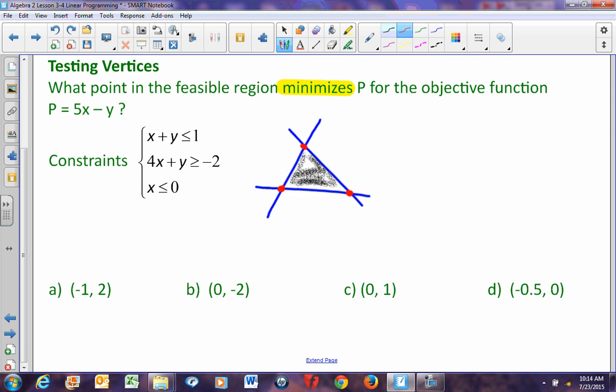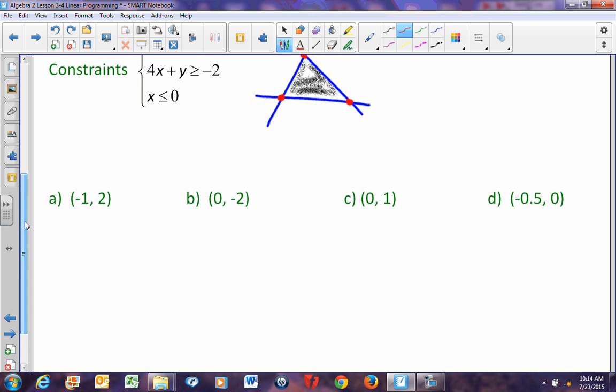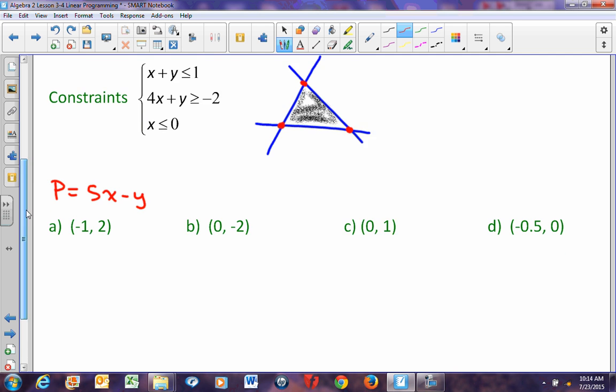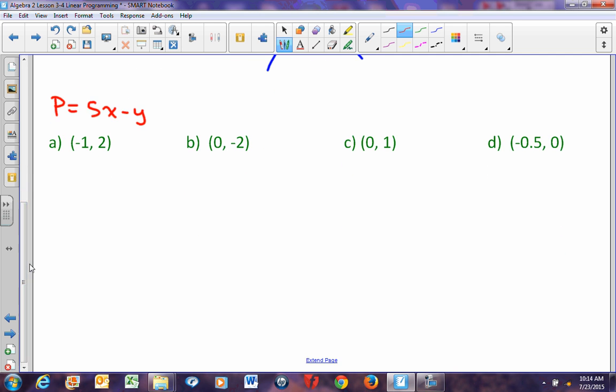Okay? So I've graphed all of these, and let's say that these are the 4 possible points that all these constraints went to. And remember, I want to just grab this equation really quickly. P equals 5x plus y. So we're seeing if these particular vertices, which one will give us the smallest value. So let's plug in negative 1, 2 into the objective function p equals 5x minus y. So p equals 5 times negative 1 minus 2.